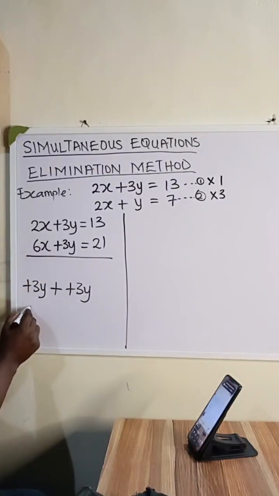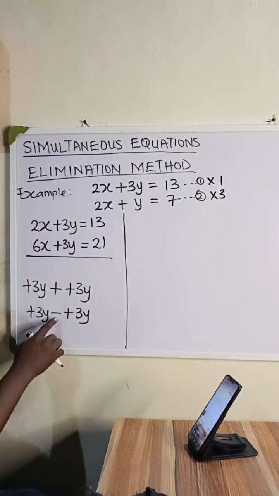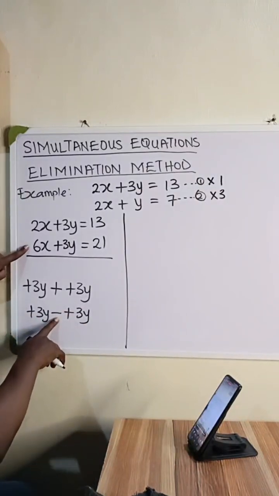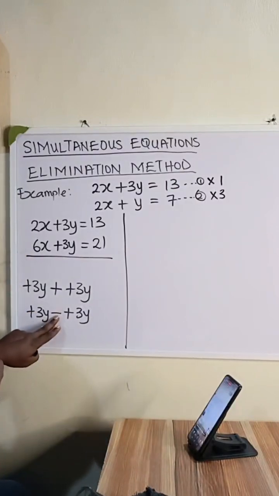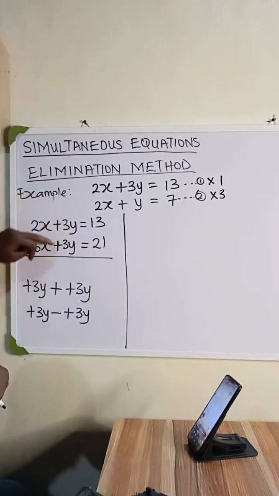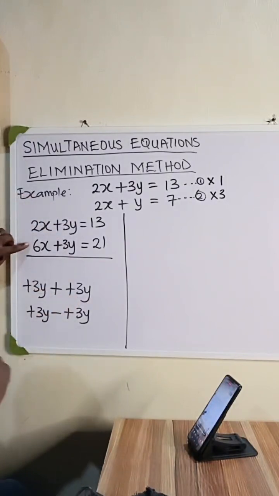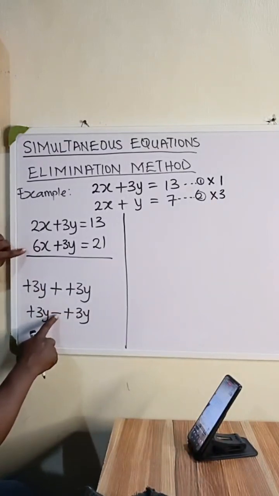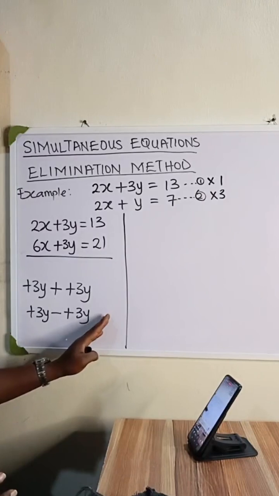Then we can also try out plus 3y minus plus 3y. This minus is what we are thinking about putting here. So we are thinking, should we add or should we subtract? We already have plus 3y and plus 3y. But now we are thinking, should we add or should we subtract? So we want to see which of them is going to give us equal to 0.